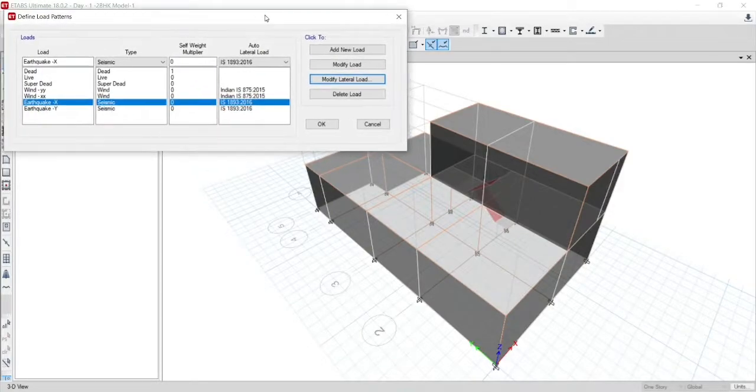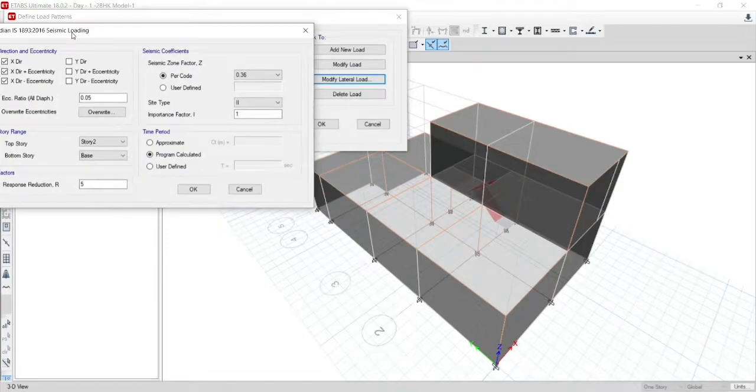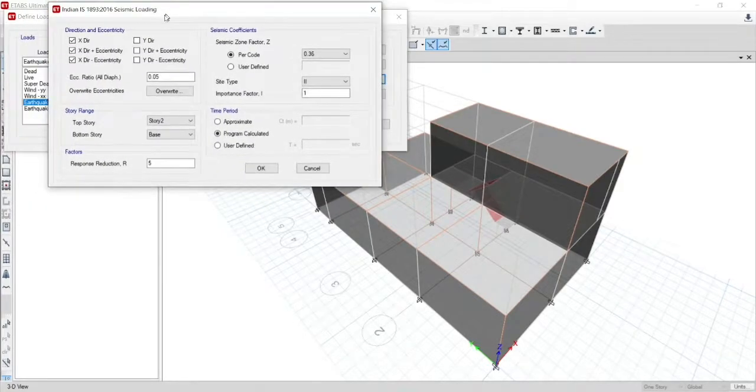So when we are considering earthquake in X, let us modify this here. Here we are removing the rest of the things. Y directions we will be removing, and only X directions will be considered. In X direction we will have minus eccentricity and plus eccentricity.